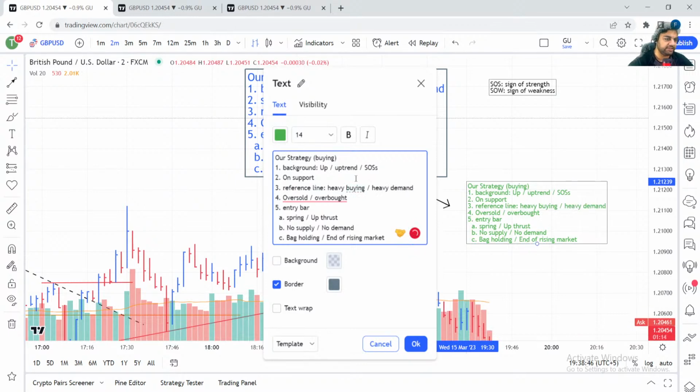Then you should think about buying. And then you have overbought or oversold. When you want to buy, you should have oversold, not overbought. And how about the entry bars? You will buy on spring or on no supply or on end of rising market.